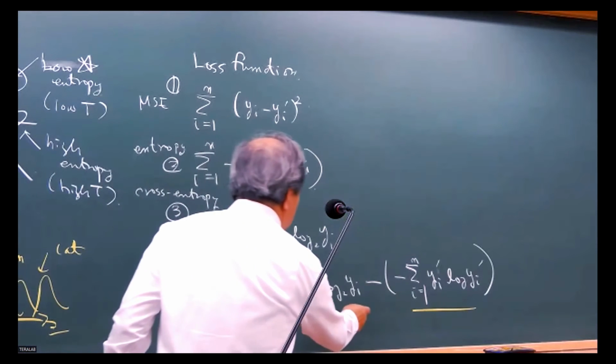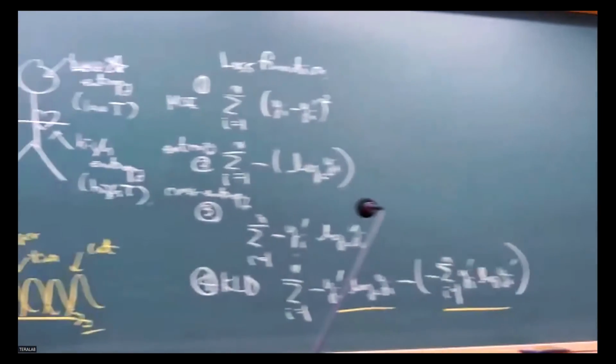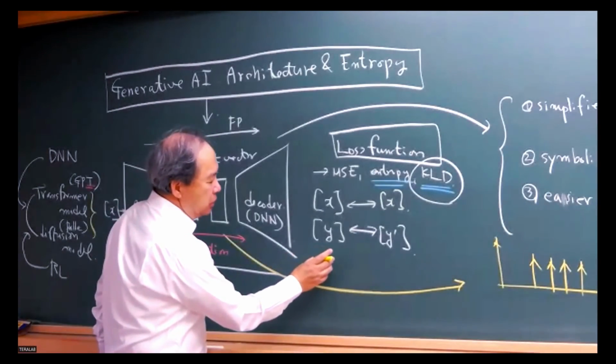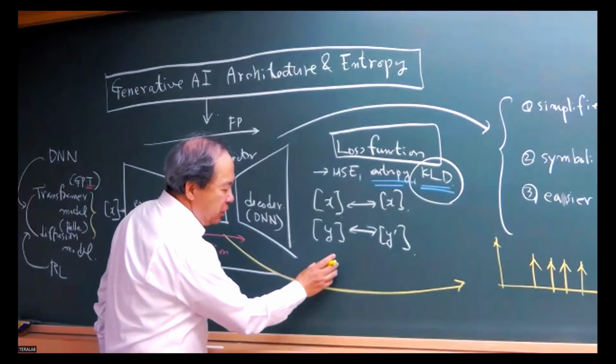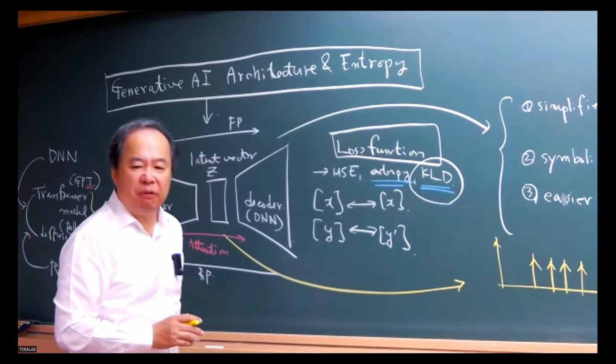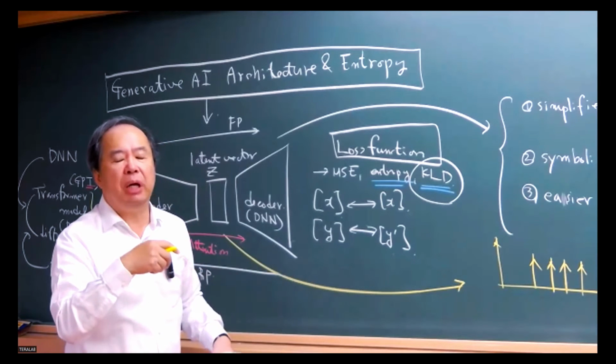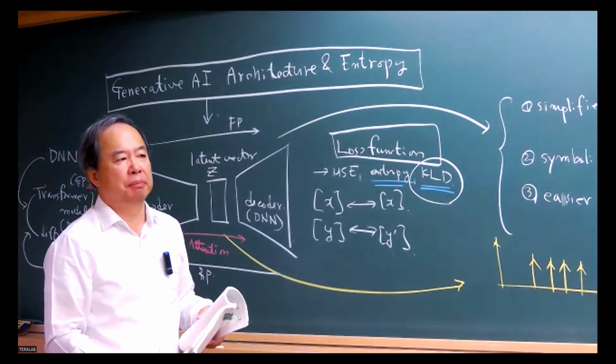This is cross entropy of output. So the KLD is comparing the average information of output and the average information of reference. If those are very close to each other, it means you have a very good training process.